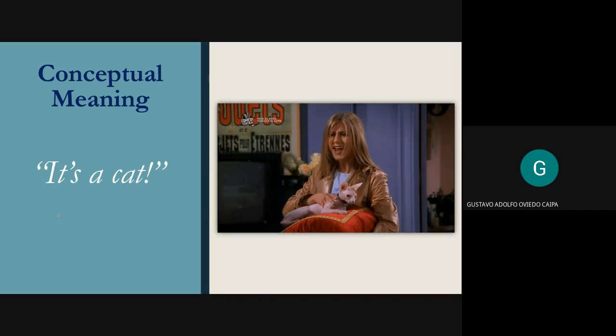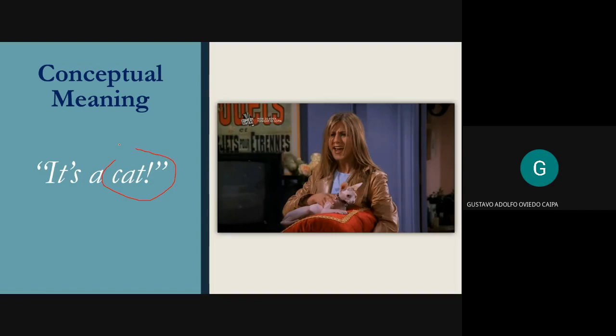When she says it's a cat, she's using the word cat in the literal meaning, in the way that is most clear for everybody. Like, you see it, it's a cat. It belongs to the conceptual meaning of the word cat, according to her at least.